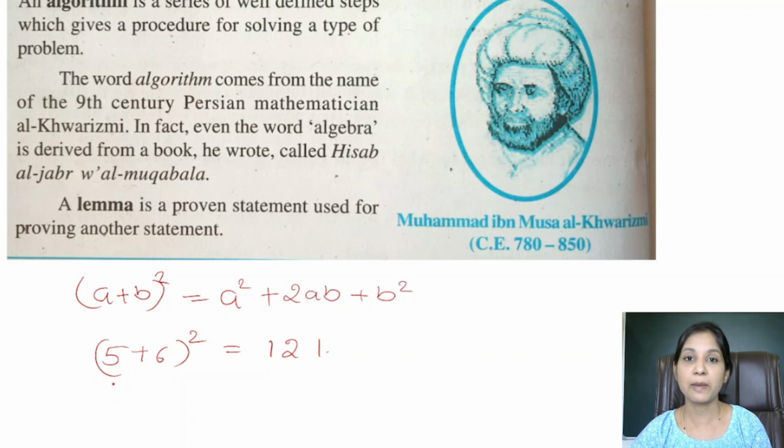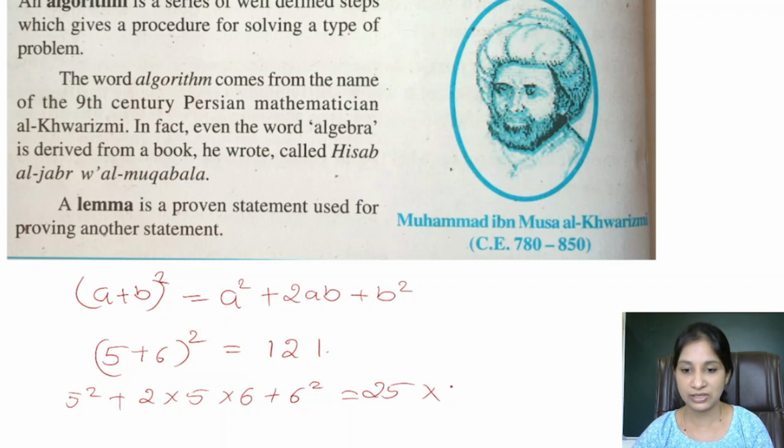Or in order to apply the formula: 5 square plus 2 multiplied by 5 multiplied by 6 plus 6 square. So it is 25 plus 60 plus 36. Sorry, it is plus. This gives you 121. We proved (5 plus 6) the whole square equals 121.